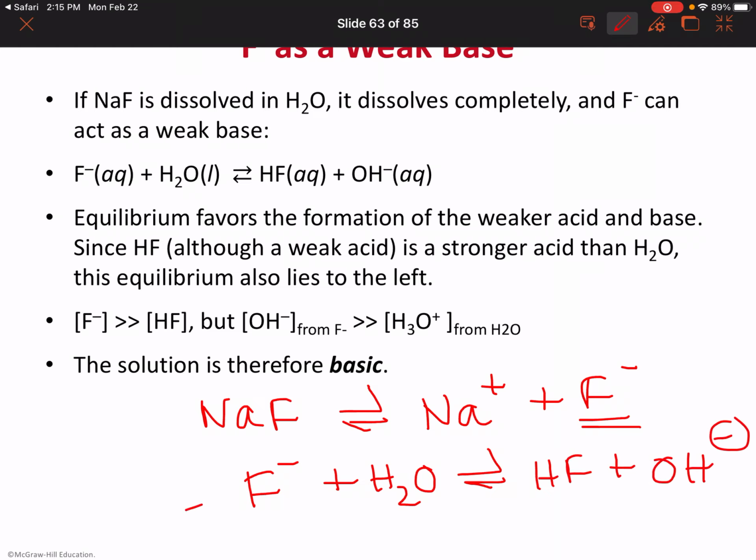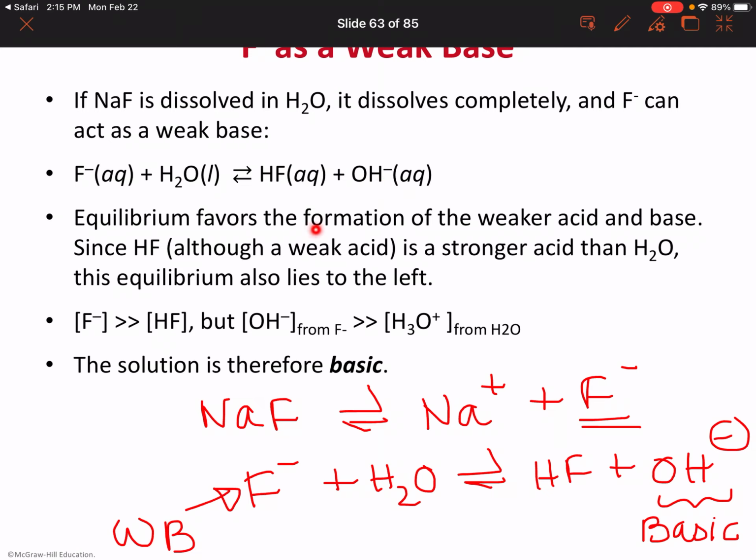It acts as a weak base and adds hydroxide ion to the solution, so an anion of a weak acid gives a basic solution. That's what you are seeing here, fluoride ion with water giving you HF and OH minus.